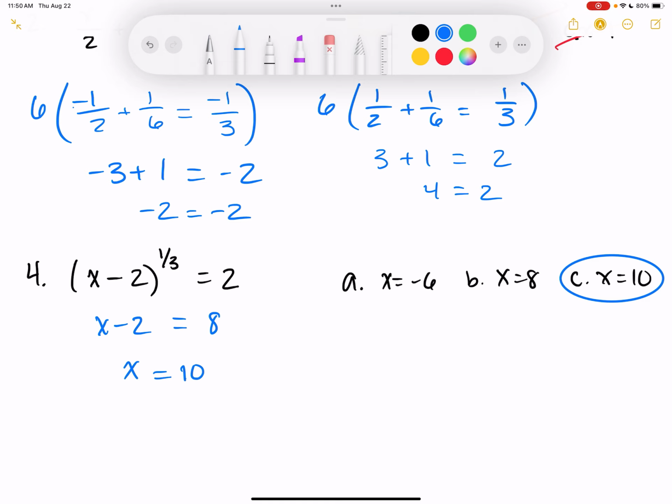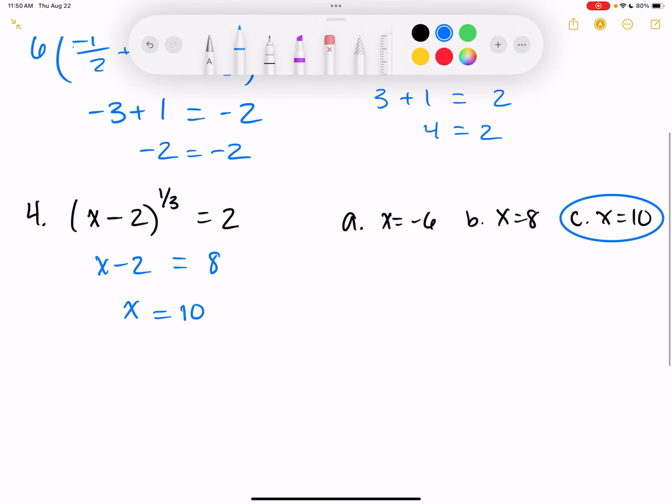The next one says to determine whether the equation is linear in x. Okay, what does linear mean? A line. The graph's a line. So number 6, they say 5 is equal to 10 over 2. Is this linear in x?